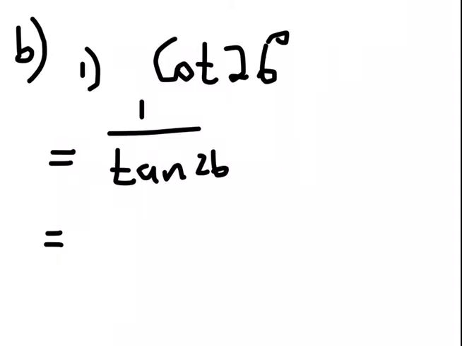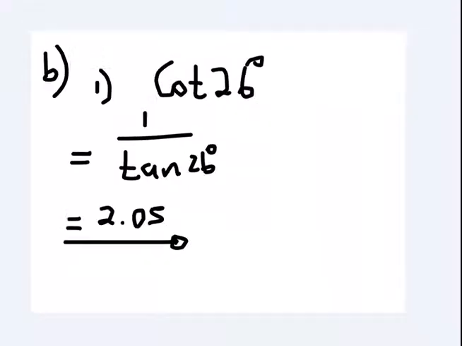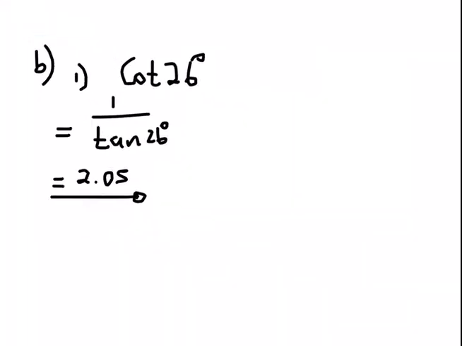So you will say 1 over tan 26 degrees. It gives you 2, they said rounded off to 2 decimal places, then it becomes 0.5. Yes, this should be the end of it. It's not an angle, but you just punched that expression. So that's how you would work it out in case it is not a special angle, where they say round off to whatever.